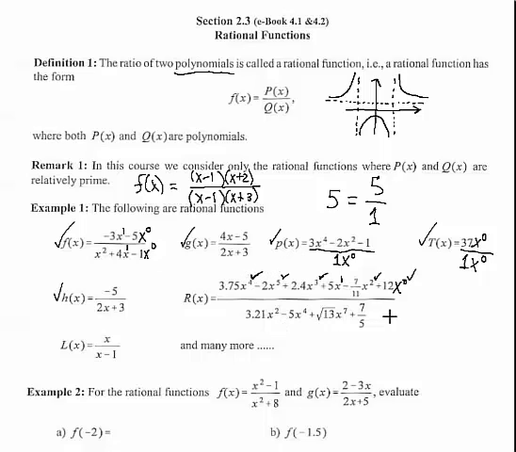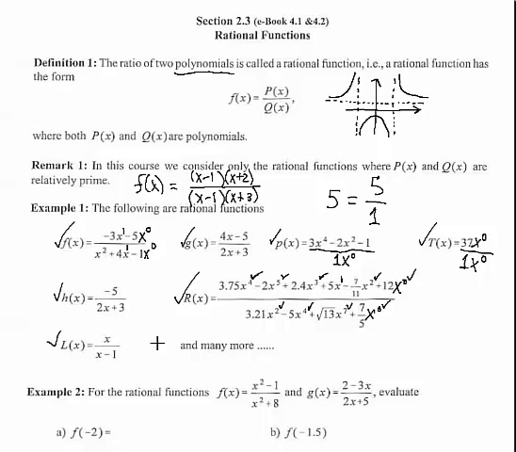Okay, what about the bottom? Well, whole number exponent, whole number exponent, and again we have a constant term in the expression on the bottom, which can be viewed as the number times x to the 0, whole number. So capital R of x is overall a rational function.